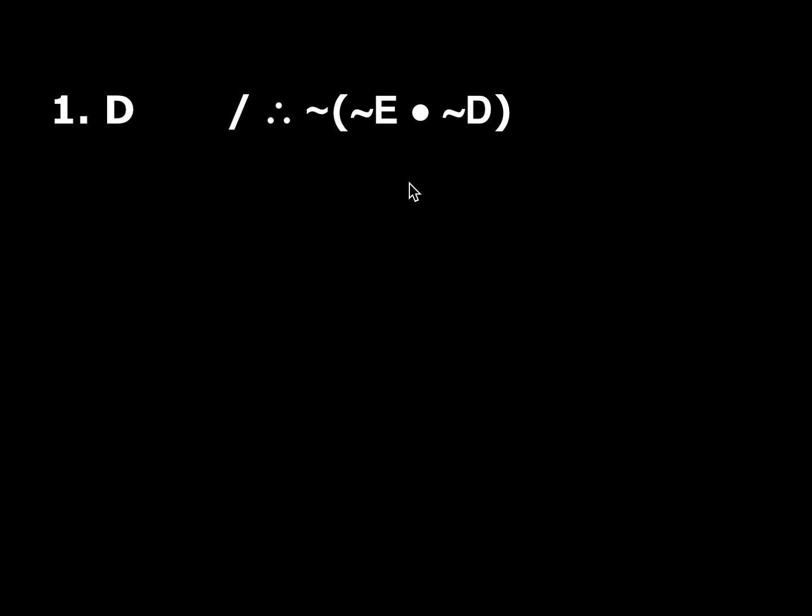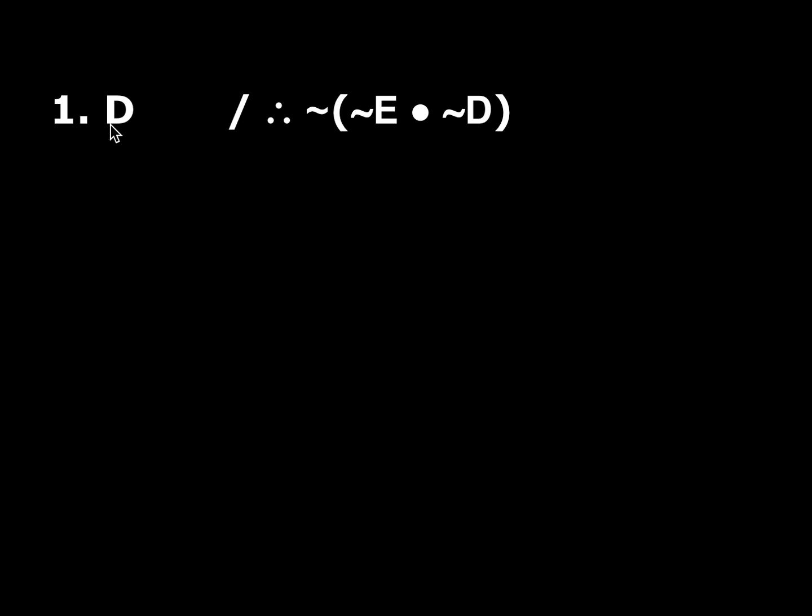Well, what would that disjunction have to be? It would be a disjunction where the dot is a wedge. That's why it's a disjunction. The whole thing isn't negated, but each of these components is negated. So I'd have an E or D. That would be what that disjunction would be. So if I could get E or D, I could just do De Morgan's to get this.